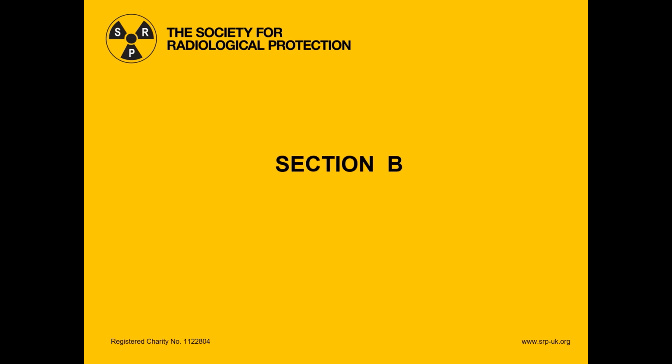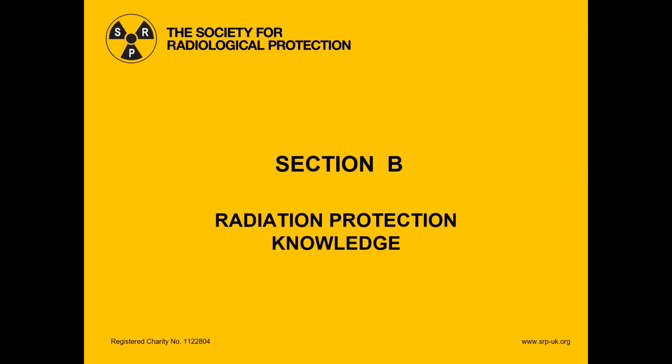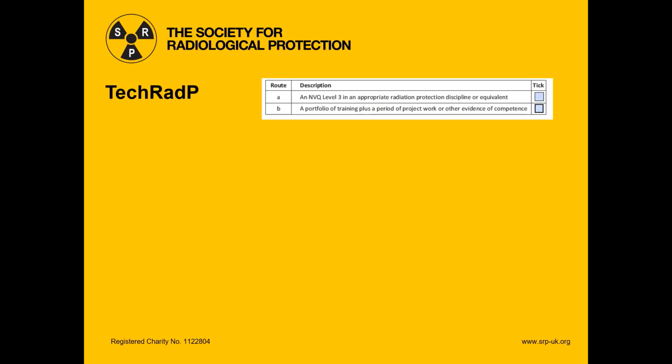In this section, you must indicate which of the routes you are following. This will determine how much detail you need to give in subsequent sections. For TechRad-P, there are 2 possible routes. Choose the option appropriate for you by ticking the appropriate box.